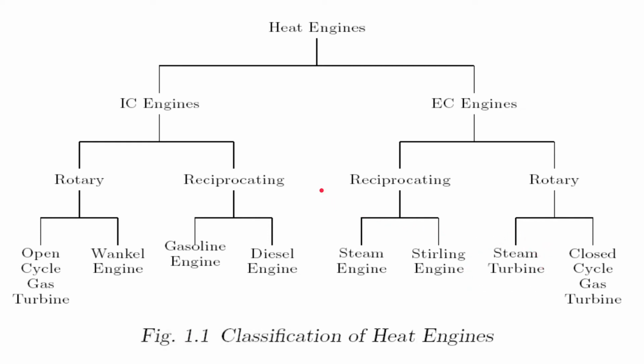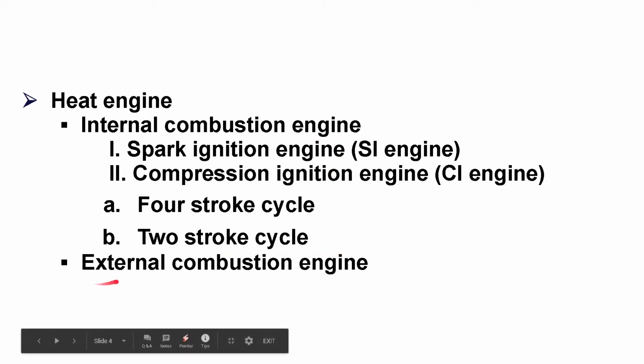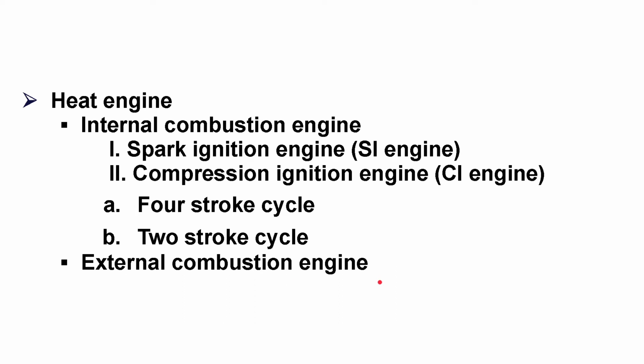There are only rotating blades in them, there is no reciprocating component. So going ahead with the heat engine, we will majorly care about the internal combustion engine, and the external combustion engine is covered extensively in the Brayton and Rankine cycles in applied thermodynamics. So over here we'll be majorly concerned about the internal combustion engine.